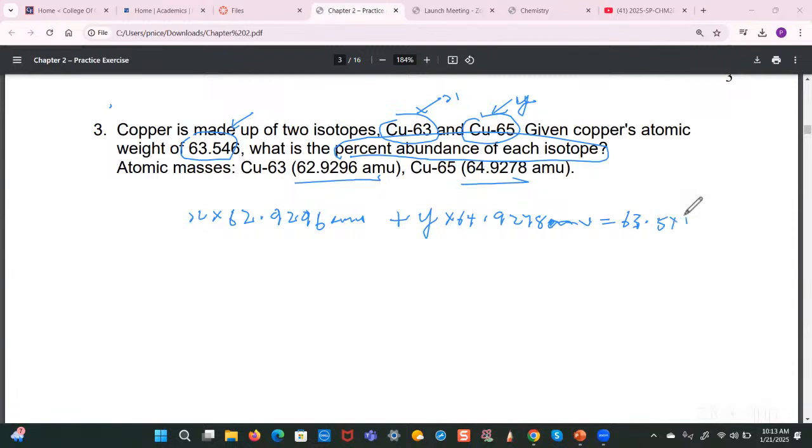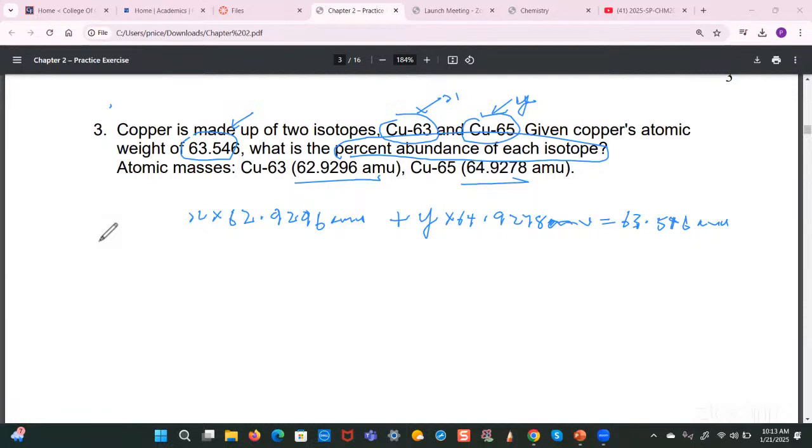That equals 63.546. So that gives an equation with two unknowns, right? And it's been a while since I've done algebra, but I do recall that you cannot solve an equation with two unknowns.